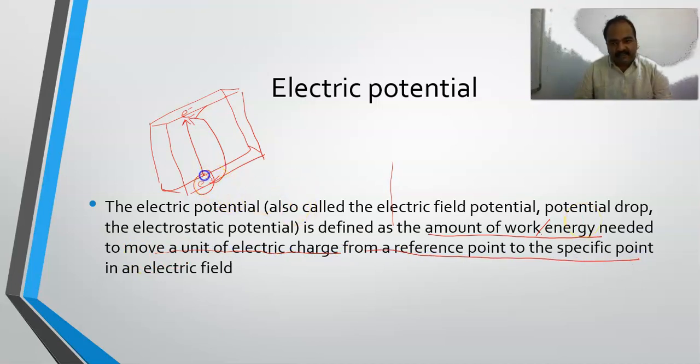See, this is an electron. I am trying to move it to this place. So this amount of energy which is required to move this electron is called an electric potential. Okay. And this electric potential is measured in terms of volts.